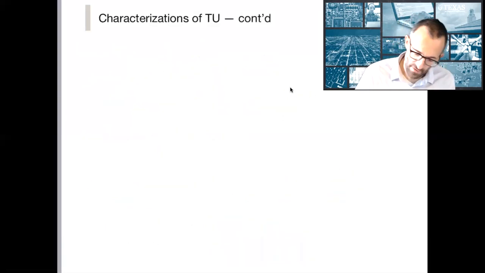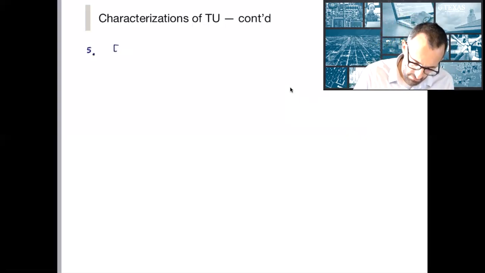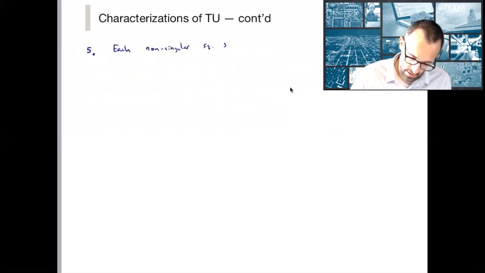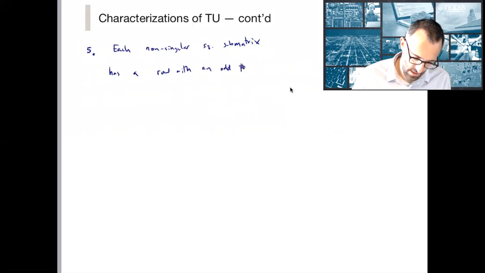So a fifth characterization: total unimodularity is also equivalent to the following: each non-singular square submatrix has a row with an odd number of non-zero components.